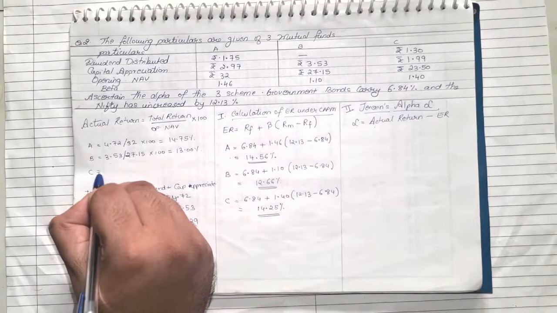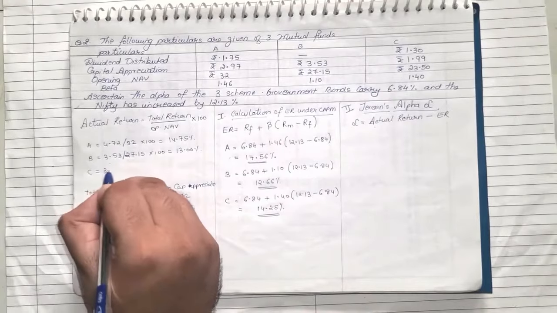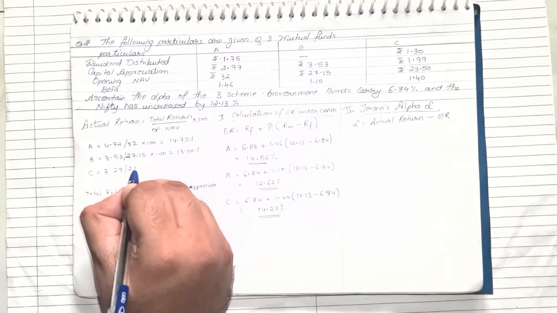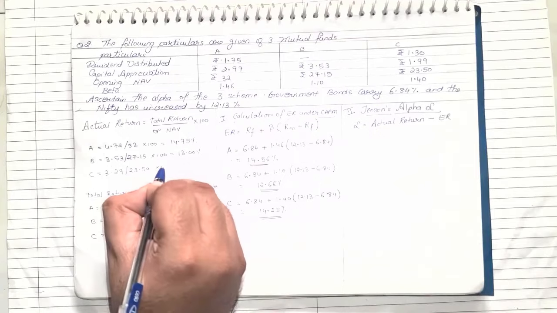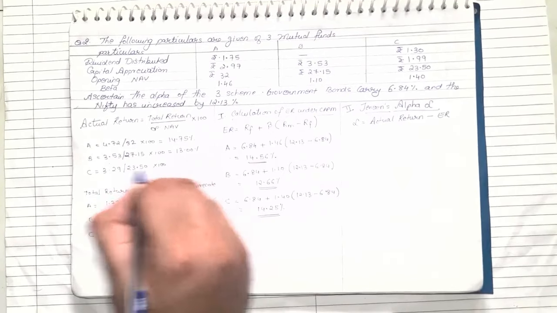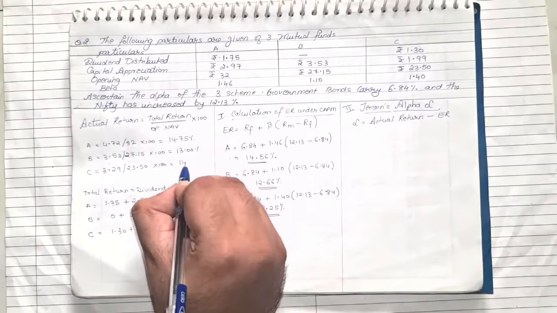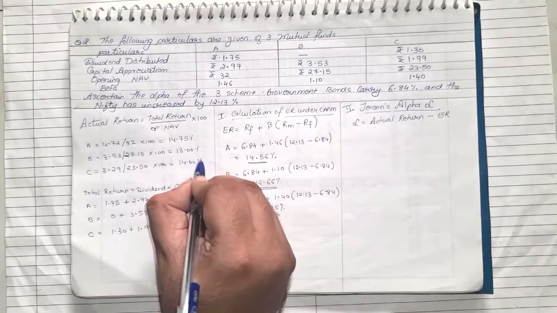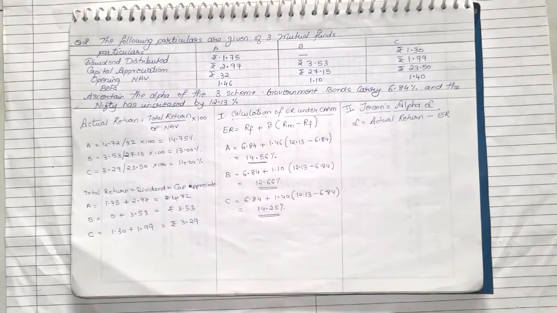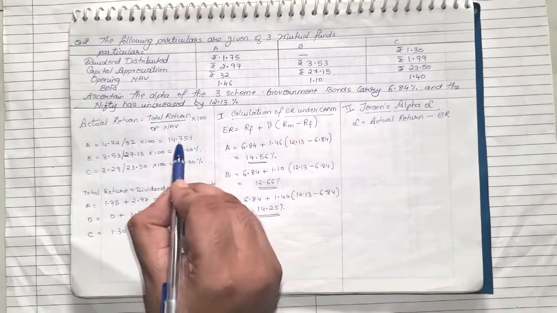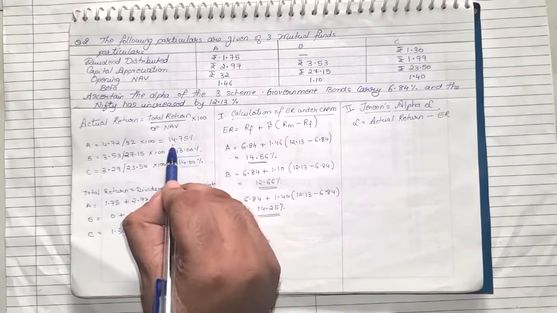And for C it was 3.29 divided by 23.50 into 100, which will come to around 14%. Okay, so we have now found the actual return for all the three schemes.